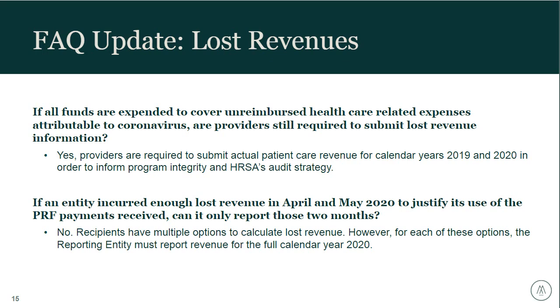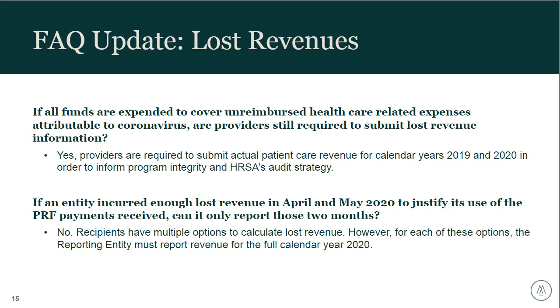Are we still required to gather information and submit related to lost revenue? And HHS still, and historically also, but still has said, yes, you are still required to gather the revenue information and report it, even if you have sufficient unreimbursed expenses to cover your PRF funds.